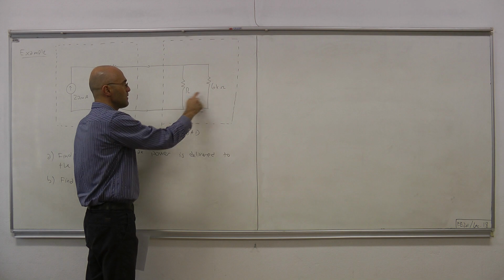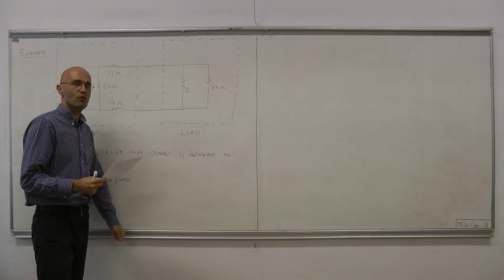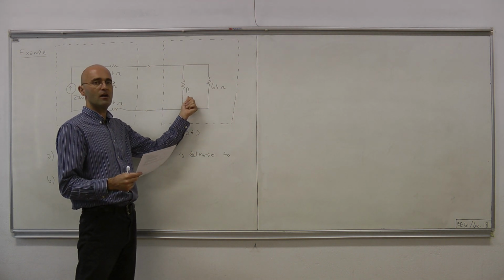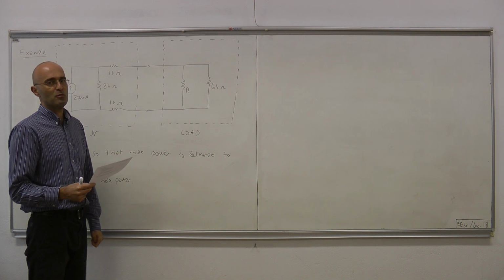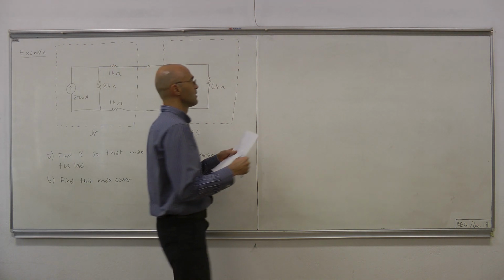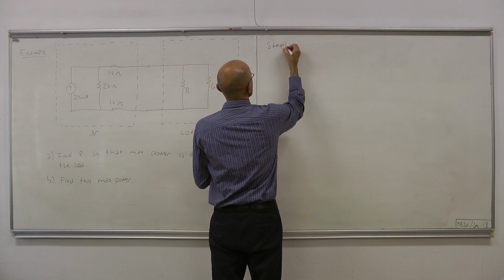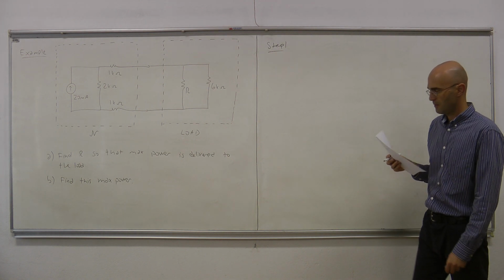Therefore, R in parallel with 6 must equal the Thevenin resistance that we obtain from here, and that equation will give us R. And once we have R, we can easily figure out the maximum power that's delivered to the load. So the first step is figuring out the Thevenin equivalent circuit.